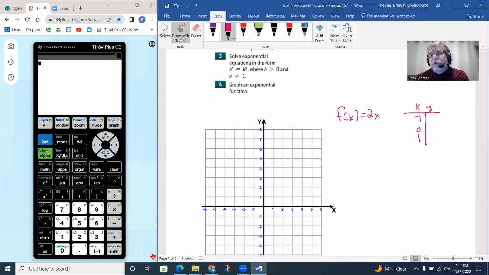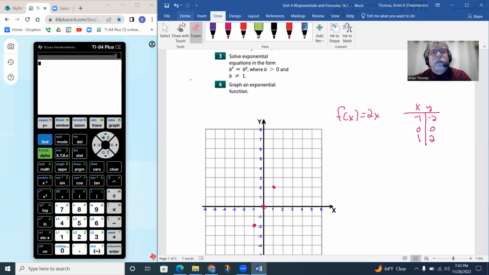So 2 times -1 would be -2, 2 times 0 would still be 0, and if I put a 1 in for x, 2 times 1 would be 2. So if I graph those ordered pairs, (-1, -2) would be here, (0, 0), and (1, 2) would be here. We'd have a graph. Since this is degree 1, this would be linear.